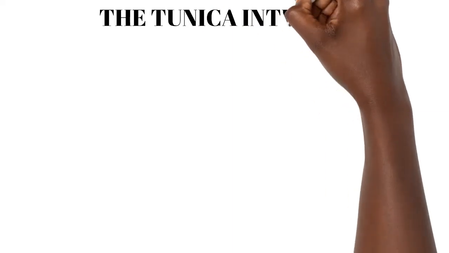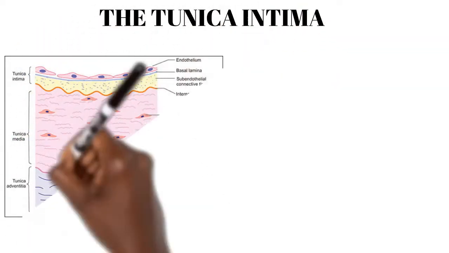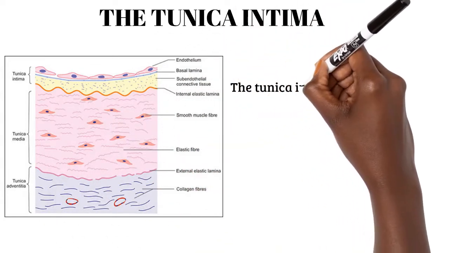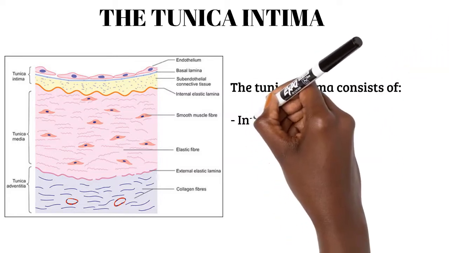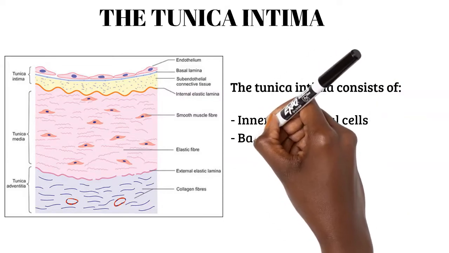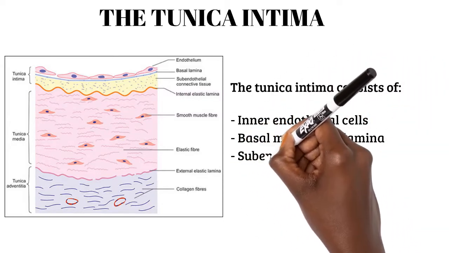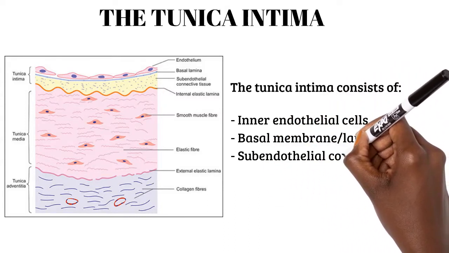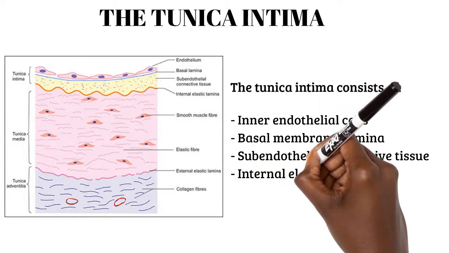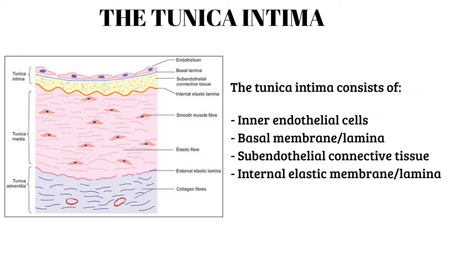So the tunica intima, like I said earlier on, this is the innermost layer of the vessel. It consists of the inner endothelial cells, followed by basal membrane or lamina, and then the subendothelial connective tissue and the internal elastic membrane or lamina.